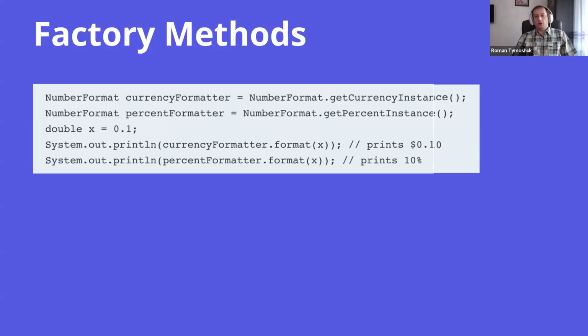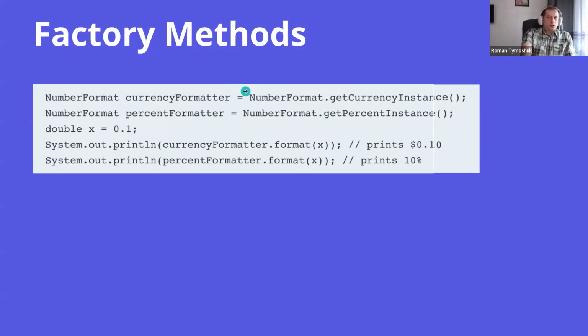For example, NumberFormat for the currency formatter. We can get the currency instance of NumberFormat, and it's the way we format the output of a double variable. And it may have different contexts. As you can see here, it may be a currency or a percent formatter.